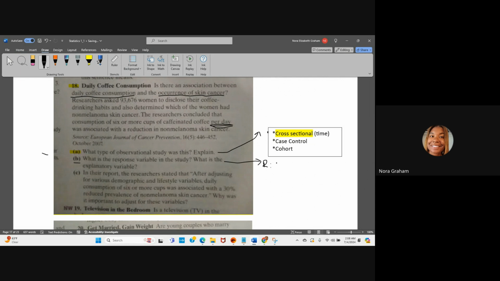Okay. Because that's what happens. It's skin cancer.